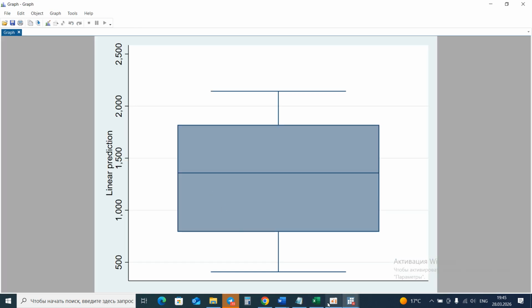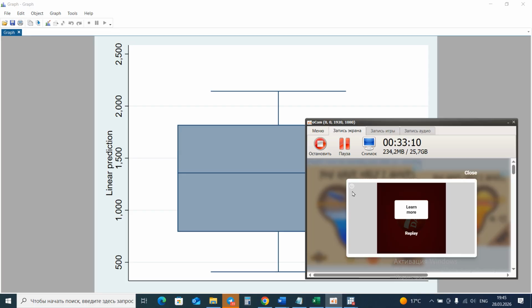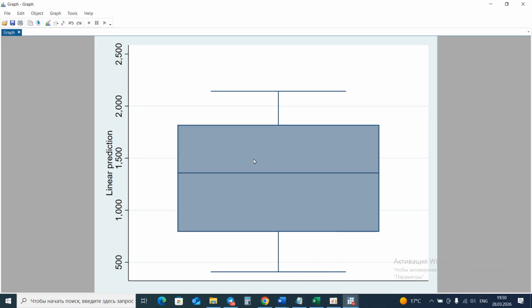Here we are again given a box plot. The ANOVA test compares means across groups, and this box plot helps us understand variation. A wide box and long whiskers mean high variability.